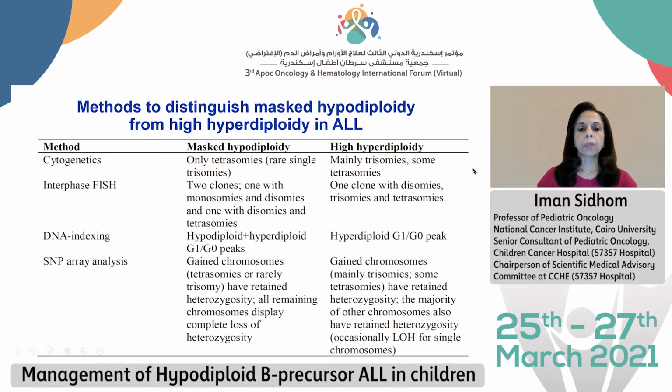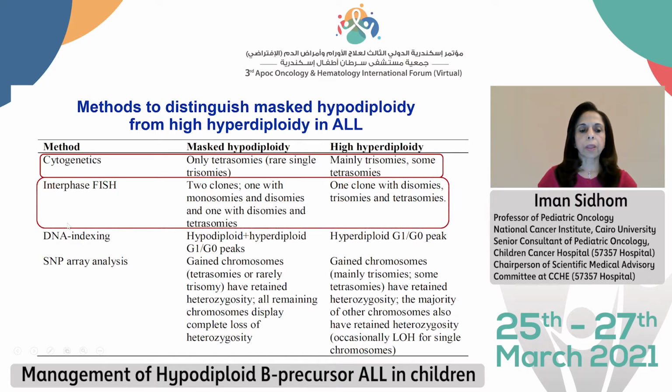Masked hypodiploidy from true high hyperdiploidy can be distinguished by cytogenetics, where the masked near haploidy have mainly tetrasomes, in contrast to the true high hyperdiploidy, which mainly will have trisomies and some tetrasomes. FISH or DNA index by flow cytometry will show two clones in the masked hypodiploidy and only one clone in the true high hyperdiploidy.